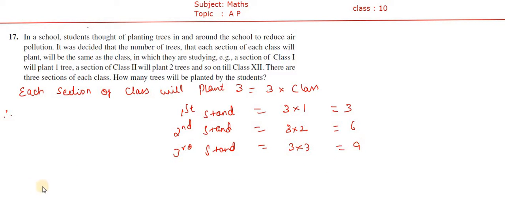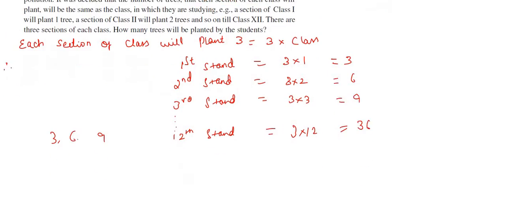So this forms an AP, that is 3, 6, 9 forms an AP. Then what about the 12th standard? If you keep on moving like this, what about the 12th standard? The 12th standard will plant how many plants? 3 into 12, which is equal to 36.